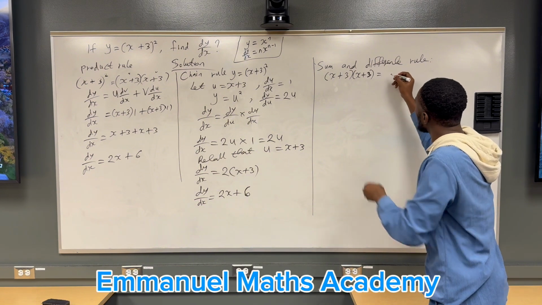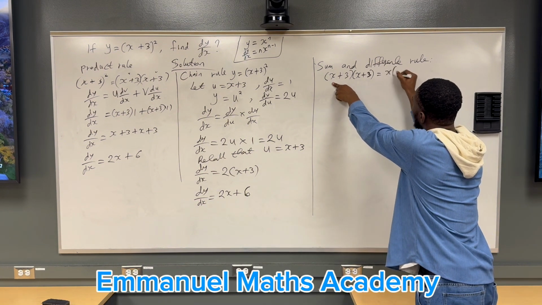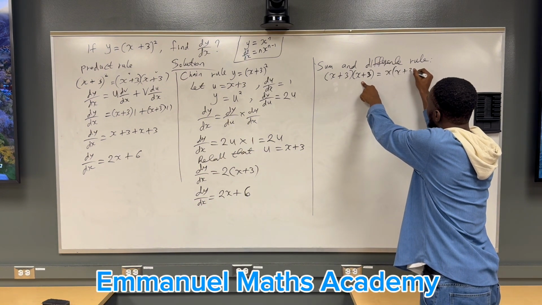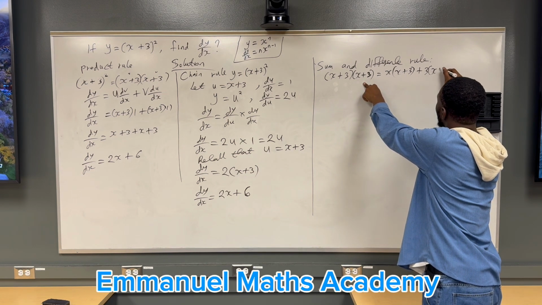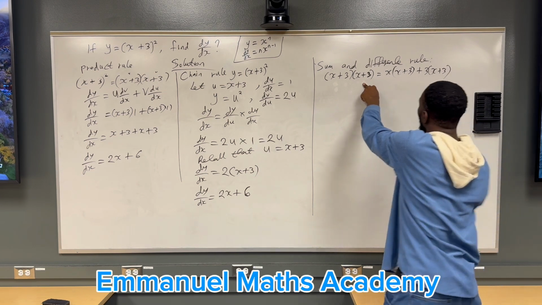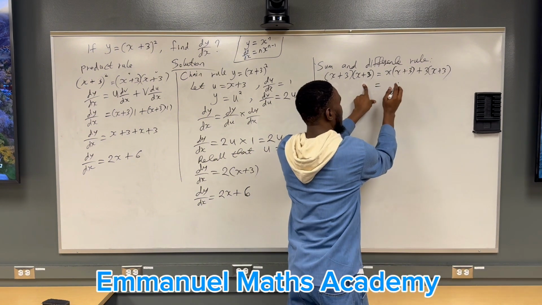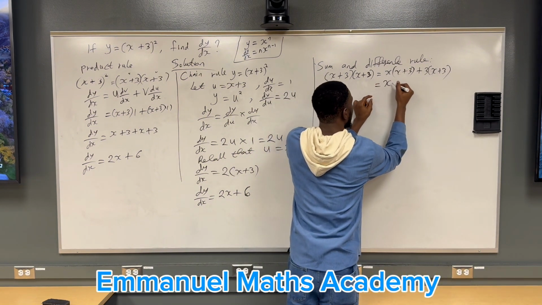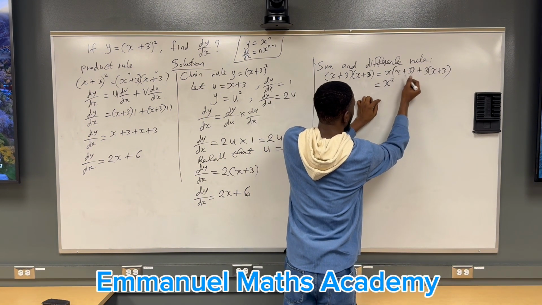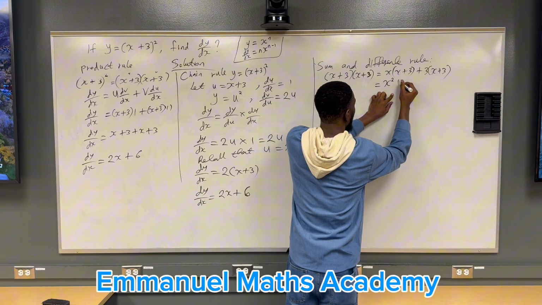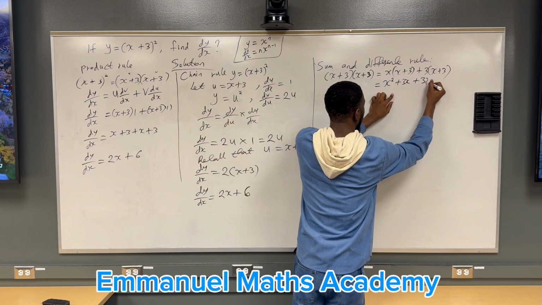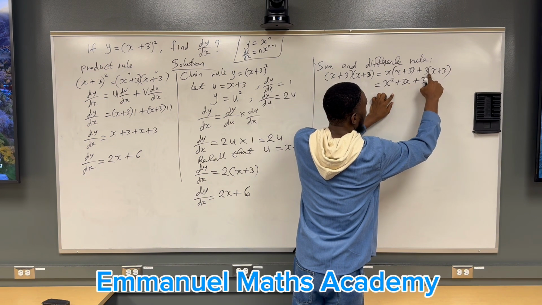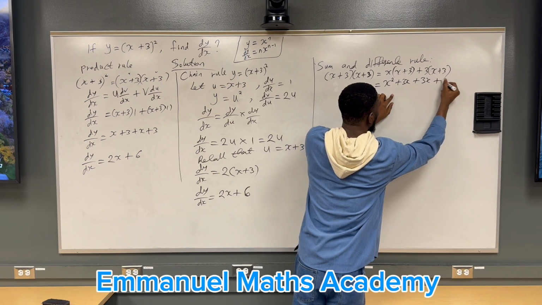This is equal to x into (x plus 3), plus 3 into (x plus 3). This will give you x squared. Plus this time this will give you 3x. The same thing here will give you plus 3x. This time 3 times 3 will give you 9.